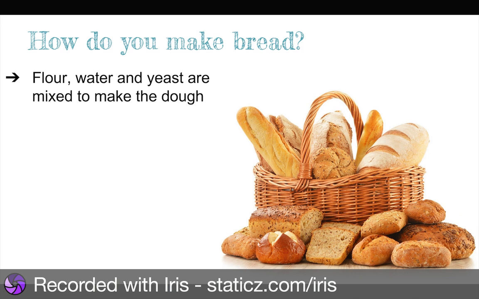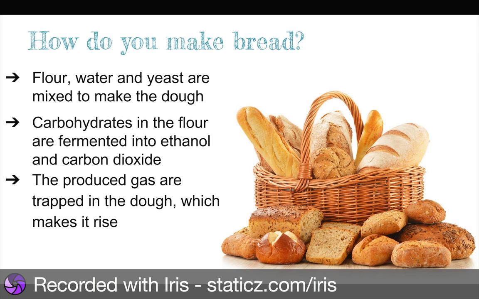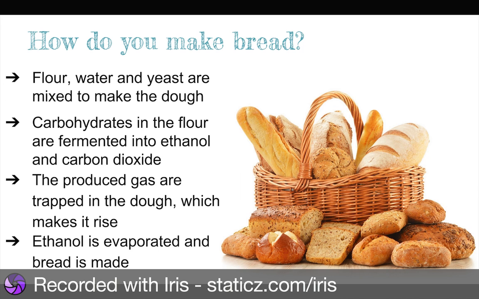To make the dough for the bread, you need to mix flour, water, and yeast. Then the carbohydrates in the flour are fermented into ethanol and carbon dioxide. The produced gas is trapped in the dough, which makes the dough rise because of all the gases building up. It's like a balloon blowing up. Then the ethanol is evaporated and bread is made.